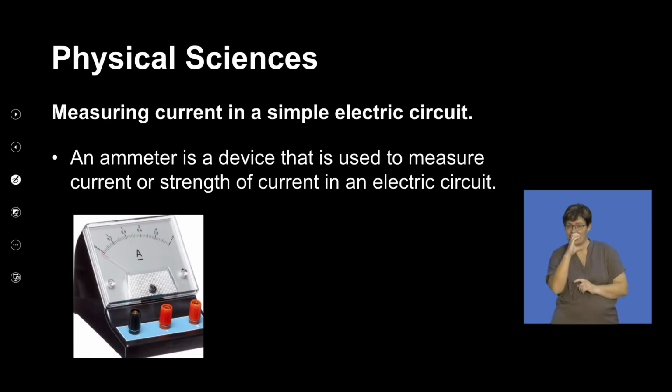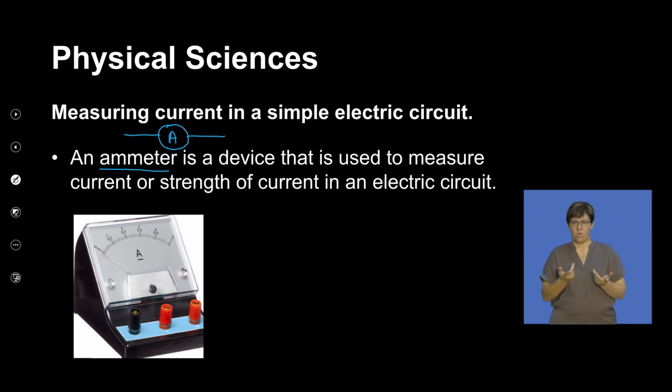Right, now measuring current in a simple electric circuit. We have already indicated that an ammeter, whose symbol is an A inside a circle, connected at a point, is a device that is used to measure current or strength of current.